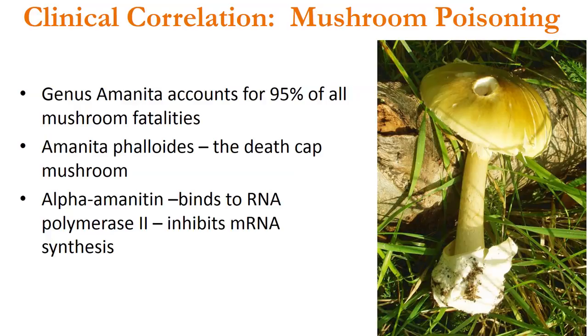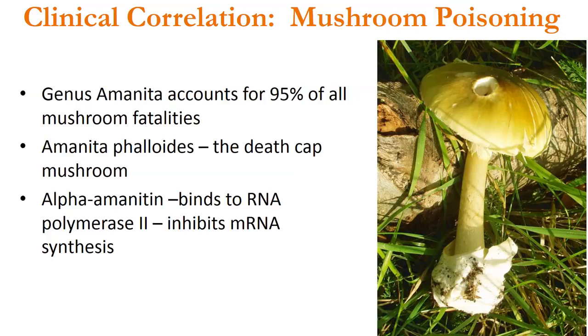What it does is that toxin specifically binds to RNA polymerase II, which makes what? Messenger RNAs, right? And the way your body works, if you eat this, your liver pretty much gets first crack at everything. So it's going to get the big dose of that alpha-amanitin. It's going to inhibit messenger RNA production. And basically, you're going to completely shut down your liver and destroy it.